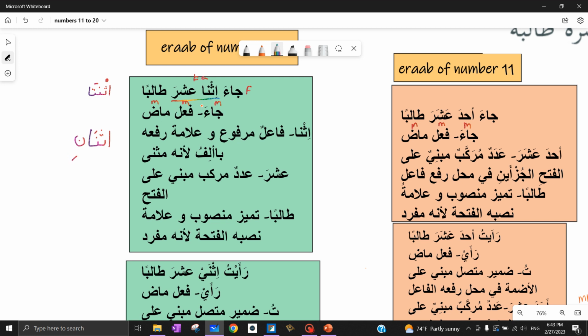As soon as these two number names came together and made into a compound number, this noon was deleted. Why is the noon always deleted? In Jama Muzakkar Salim also, when it is made into Idafa construction, the noon gets deleted because this noon doesn't have any work. It is known as extra noon, noon az-zaida, and this noon represents tanween.